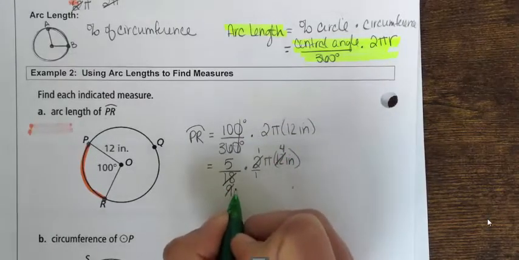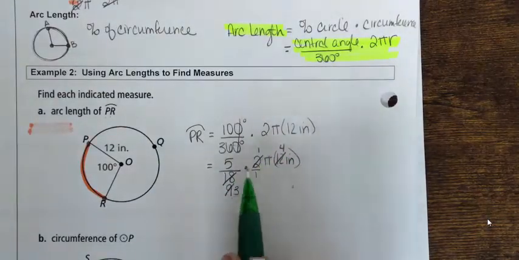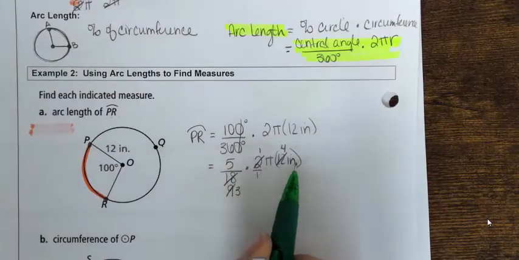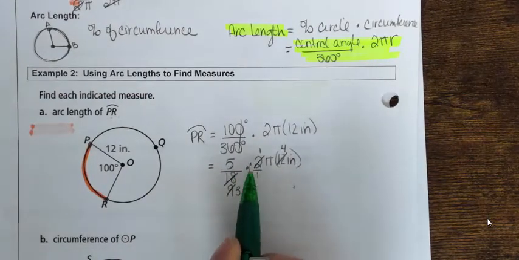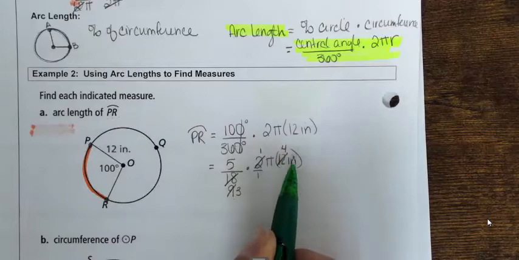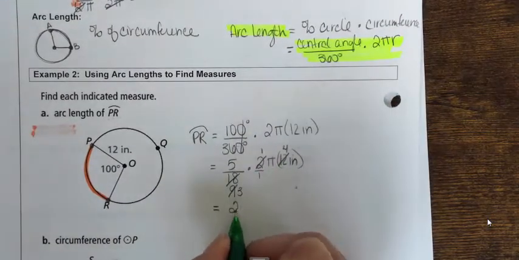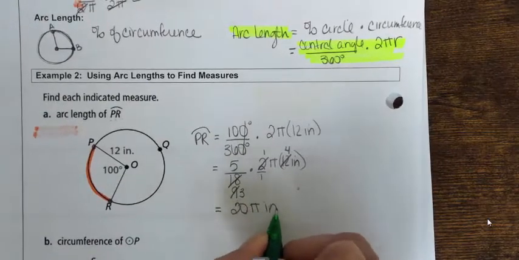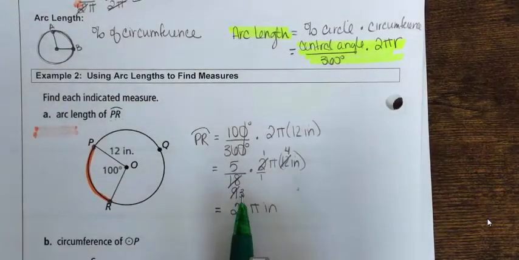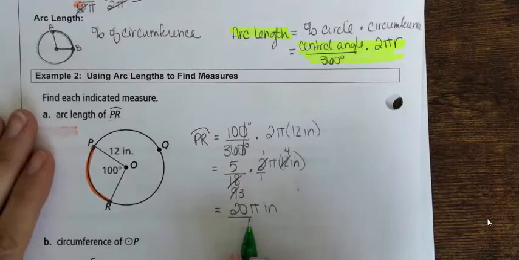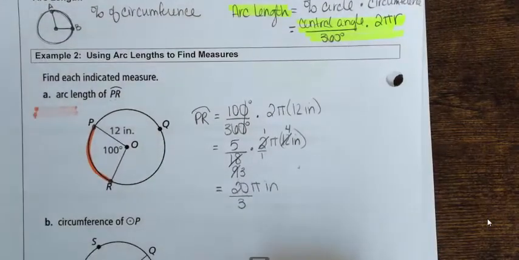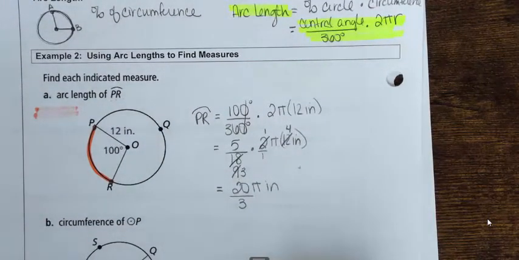Divide 9 by 3, I get 3. So if I multiply all the way across on the top, I'm going to have 5 times 1 times pi times 4 times inches. So that's going to be 20 pi inches. And in the denominator, it's just 3 times 1. So 20 over 3 times pi inches.